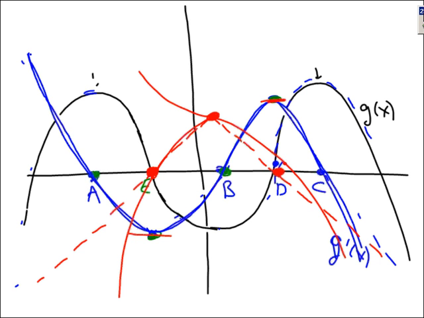I did mean for this point to be at D. So make believe it is. And what you see in red is g double prime of x. Okay, you should be able to graph these types of functions. Good luck with this.